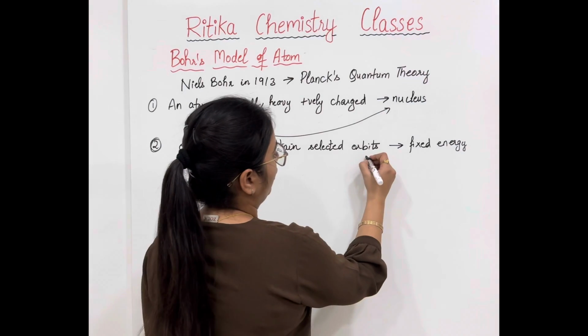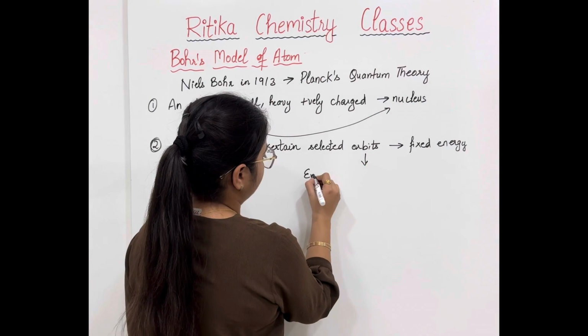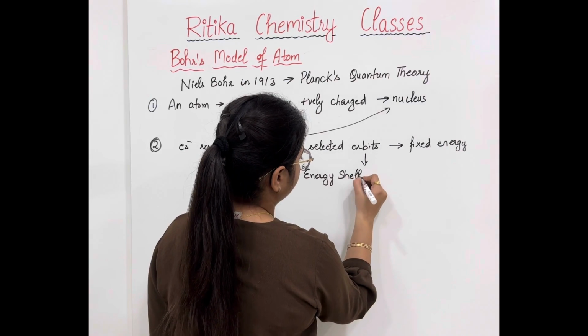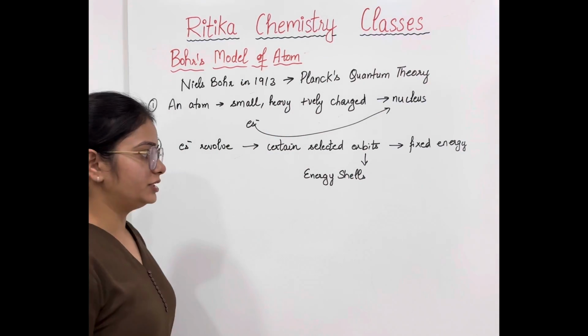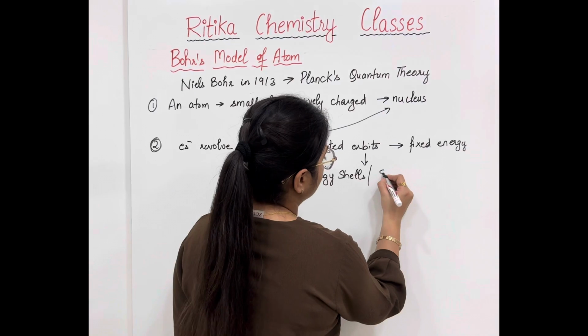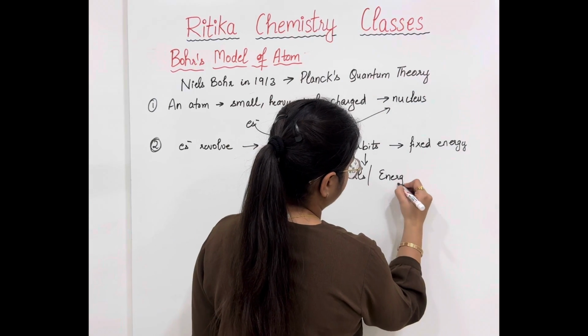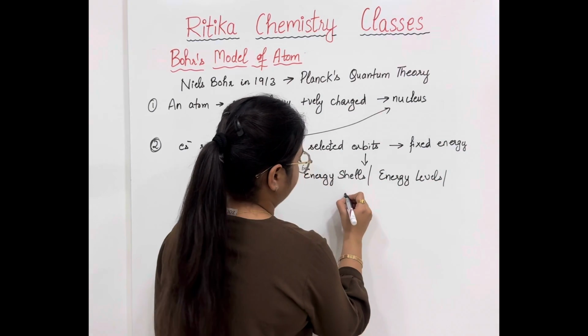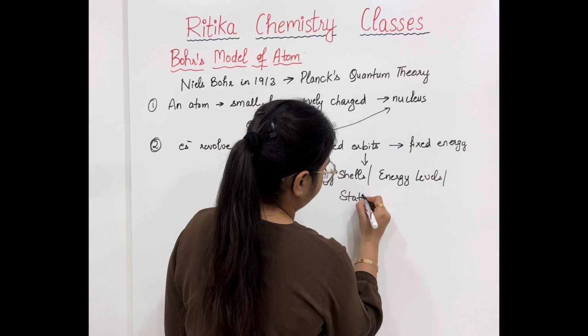These orbits are known as energy shells, energy levels, or stationary states.